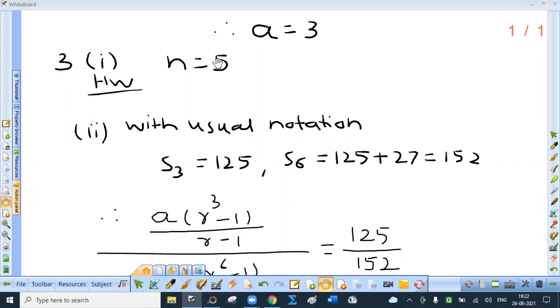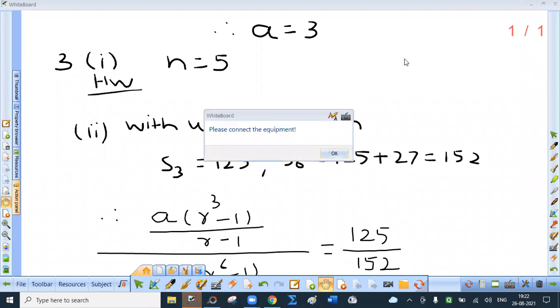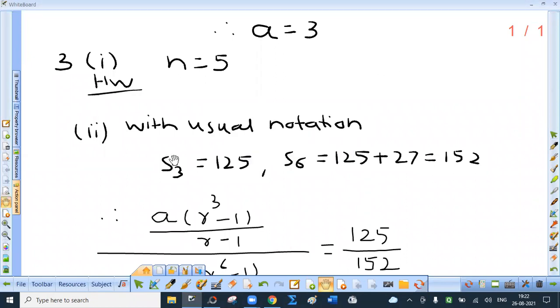Second, for a GP, sum of the first 3 terms is 125 and sum of the next 3 terms is 27. Find the value of common ratio. Now S3 is 125. Sum of the next 3 terms means T4, T5, T6. It is 27. But T1 plus T2 plus T3 is 125.